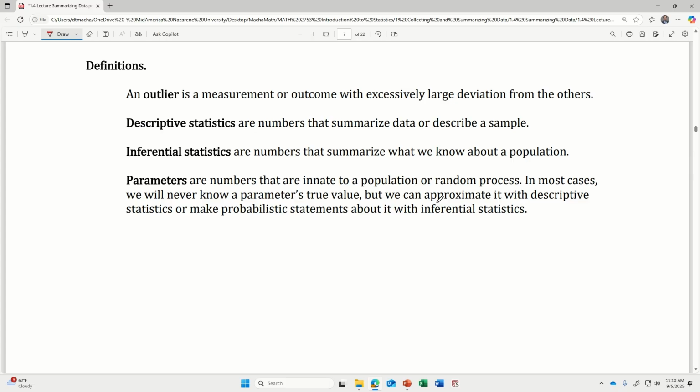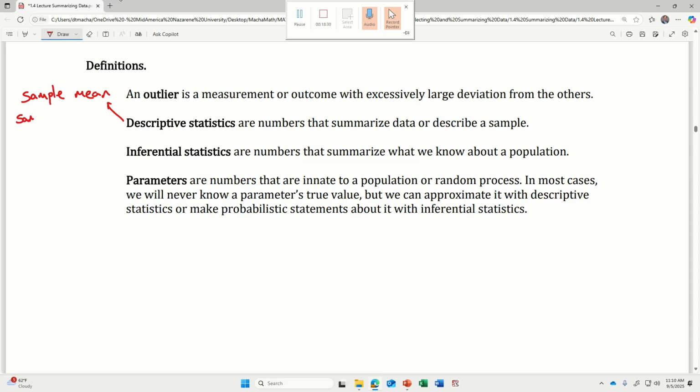The descriptive statistics, that's our next word. If you see the word descriptive statistics, those are numbers that summarize data or describe a sample. So we've already talked about some descriptive statistics. The sample mean is considered a descriptive statistic because it's summarizing my data.